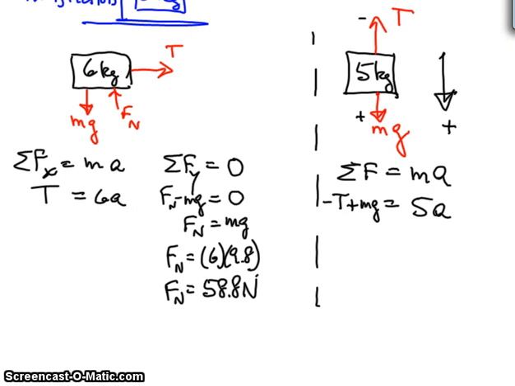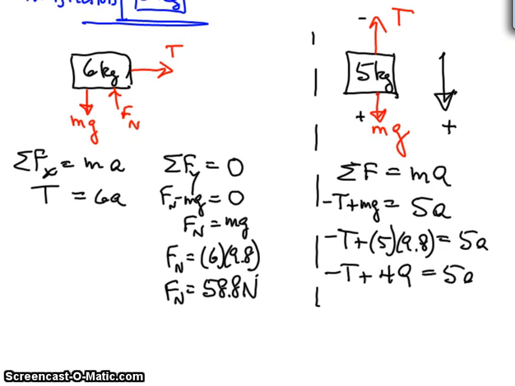Now, again, we know mg for this one. Let's put it in there. Minus T plus 5 times 9.8, which is 49, and hopefully I'm correct there, equals 5a. And now, once again, we'll take T equals 6a and place it in there.